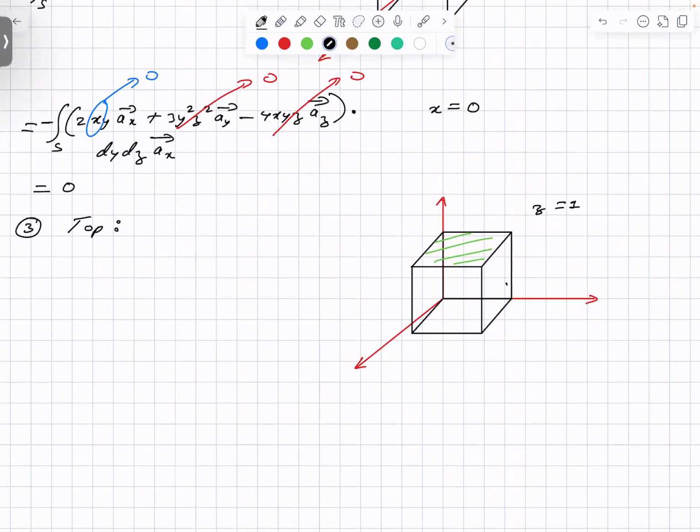And what changes is x changes and y also changes. So the ds corresponding to this is dx dy az. To find the flux from the top surface, we again consider the integral D dot ds. It's a surface integral.